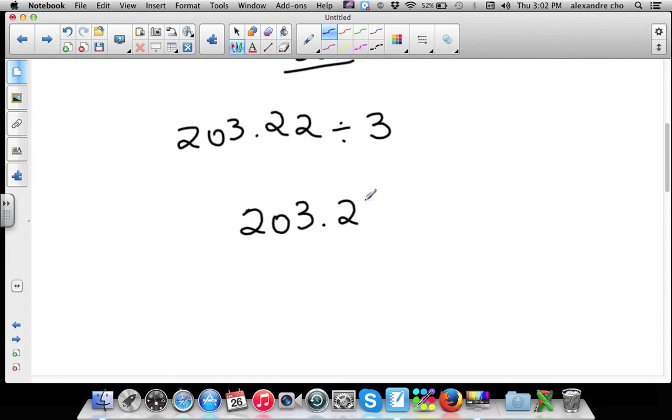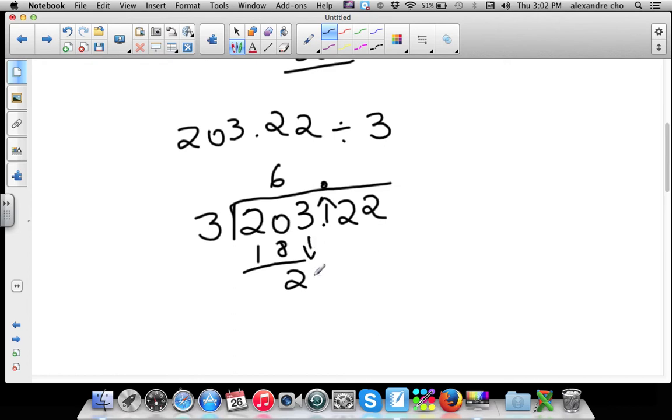$203.22. We're going to divide that by 3. Nothing has to be changed here, so let's just bring that decimal up here so we don't forget, because it's going to be part of our answer. 3 goes into 20 6 times. It's going to be 18. Subtract. Bring the 3 down. 3 goes into 23 7 times, which is 21.